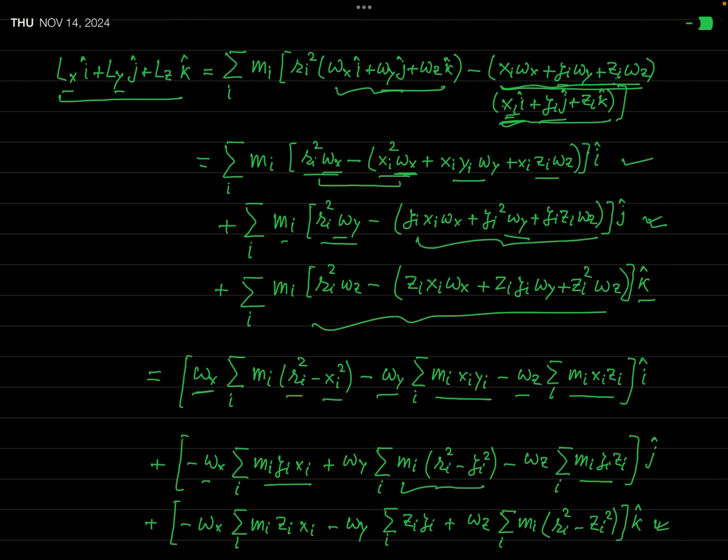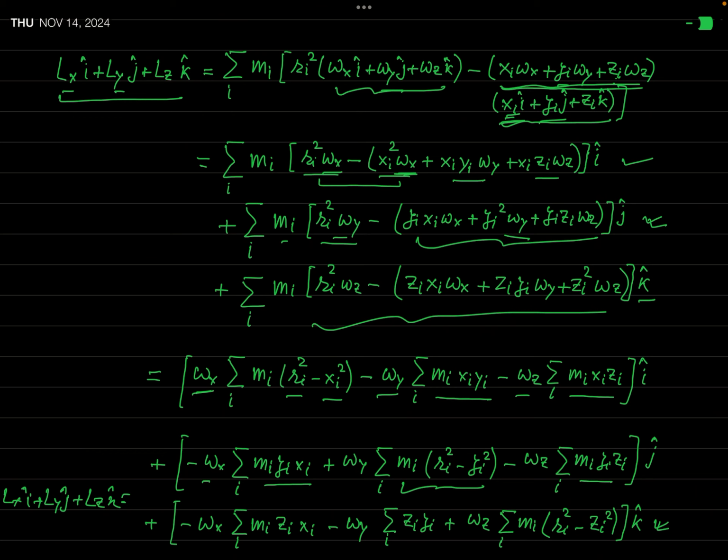Now let us see L_x i plus L_y j, and plus L_z k. This is equal to this much. And you know, two vectors will be equal only when the x component of the first vector is equal to the x component of the second vector, the y component of the first vector is equal to the y component of the second vector, and the z component of the first vector is equal to the z component of the second vector.